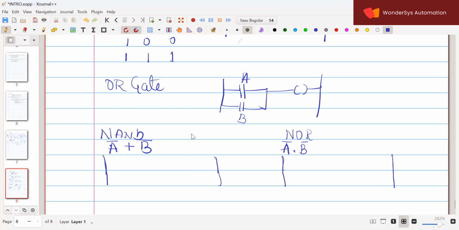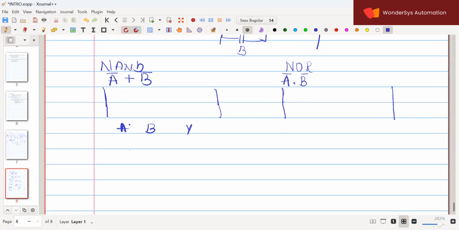Now, whenever we write for the NAND gate, we'll write the truth table first. It will be better to understand. Yes, Srinivas, we have to make all the gates. So let's write the truth table. Gavi, please tell me the outputs.